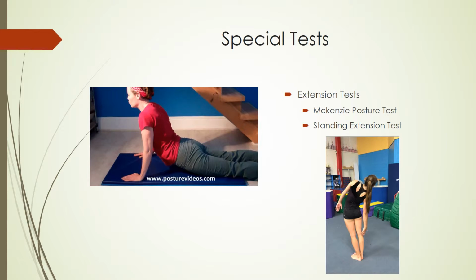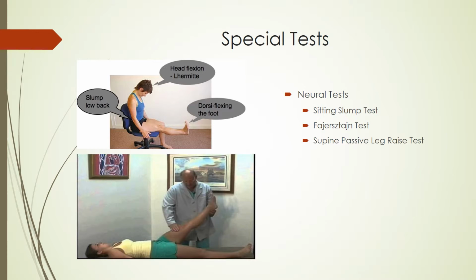And then the standing extension test also adds a little bit of rotation in there as well, and can help rule out certain injuries that it might be. For the neutral tests, you have your sitting slump test and the supine passive leg raise test. All of these are really good with nerve disorders or nerve injuries in your low back that then start to shoot down your leg if they're really severe.